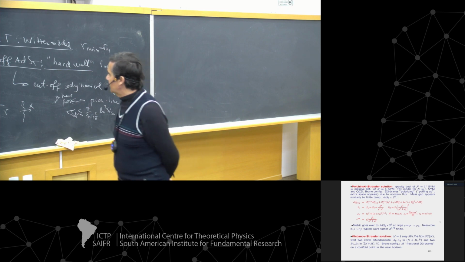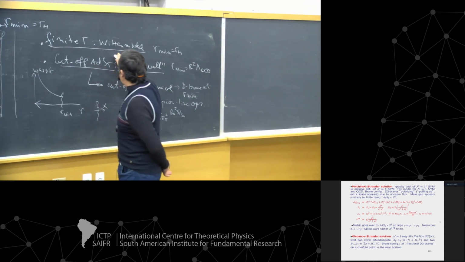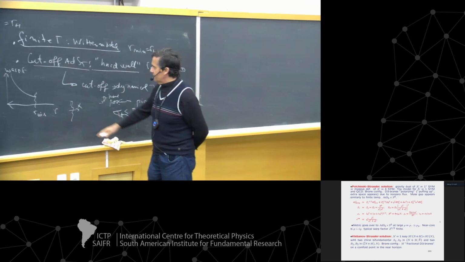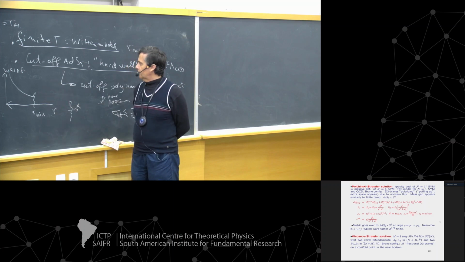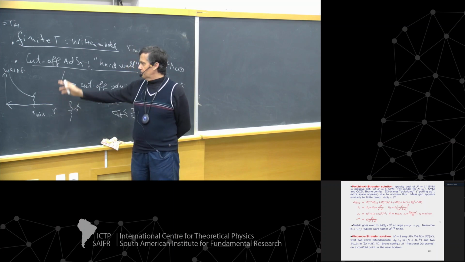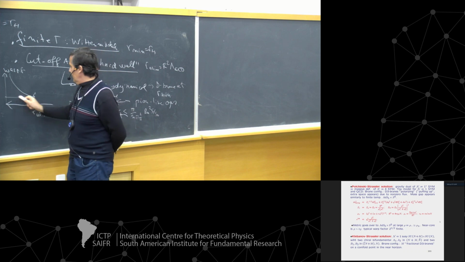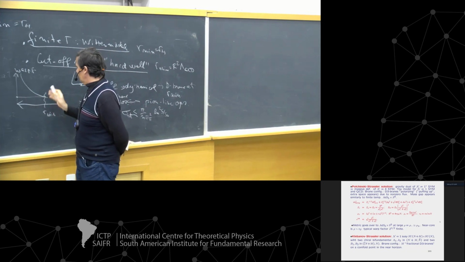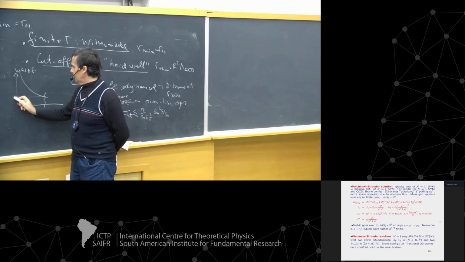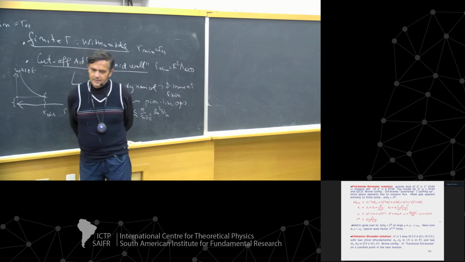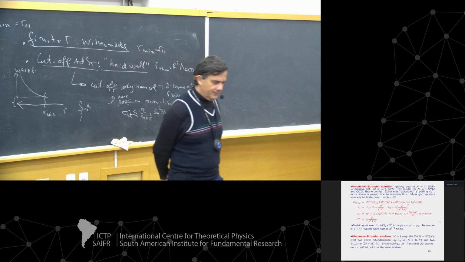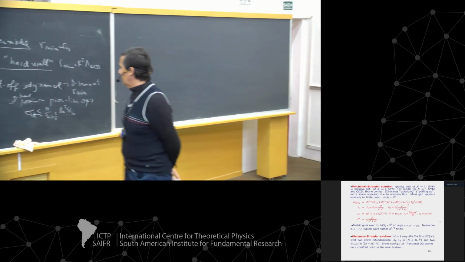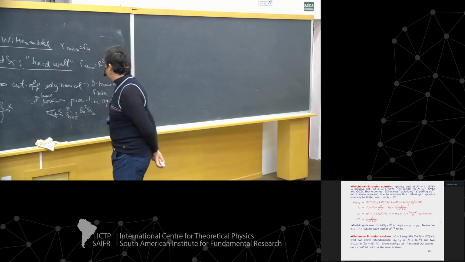Like in these kind of theories, for instance, the cutoff AdS-5, the warp factor stayed finite just because we cut off the metric at this R minimum. And this natural scale was related to the scale for the mass gap.